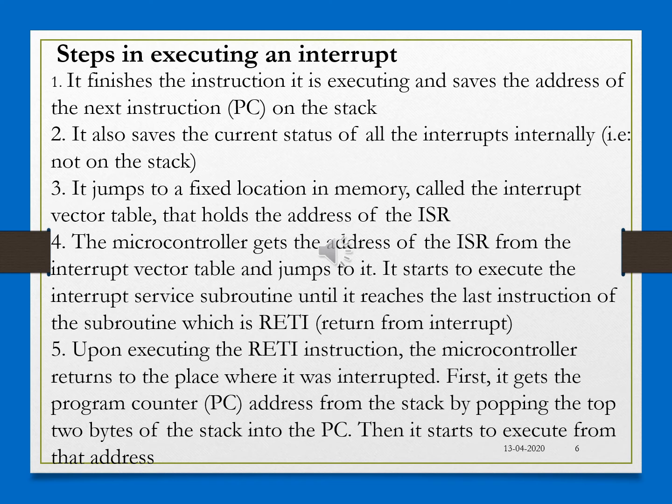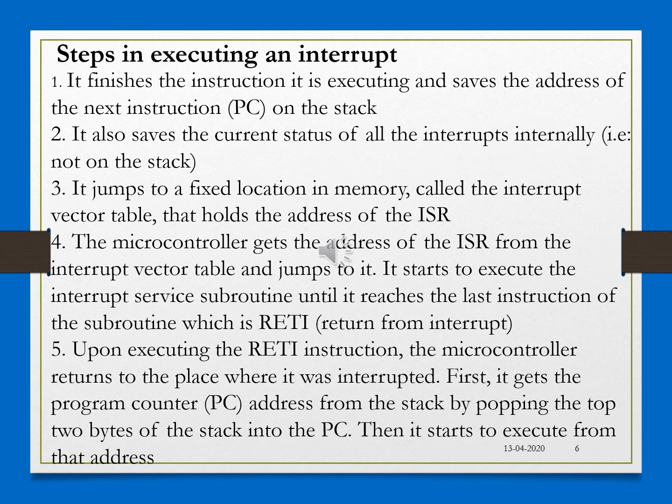It jumps to a fixed location in memory, that is the location where the vector table is saved. The vector table is nothing but the interrupt vector table which holds the addresses of the interrupt service routines. The pointer will now be pointing to the vector table.